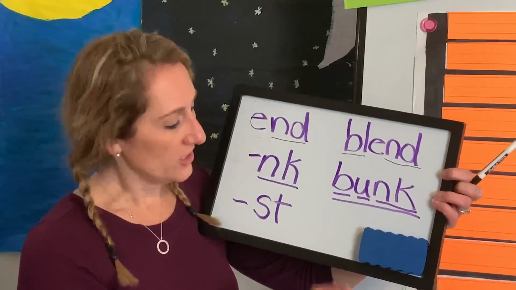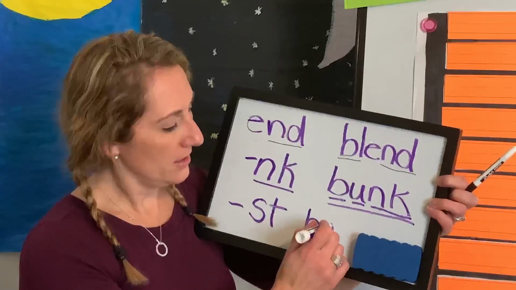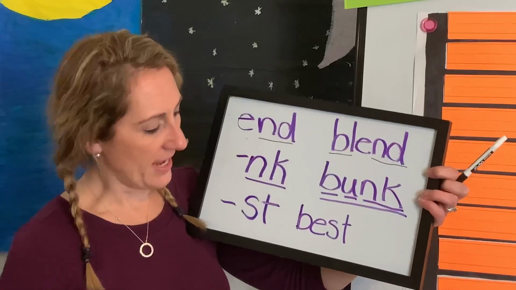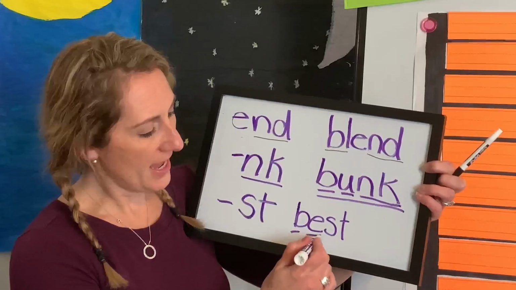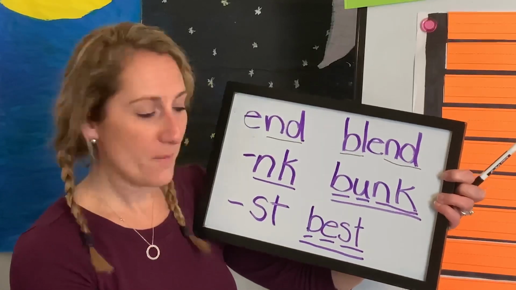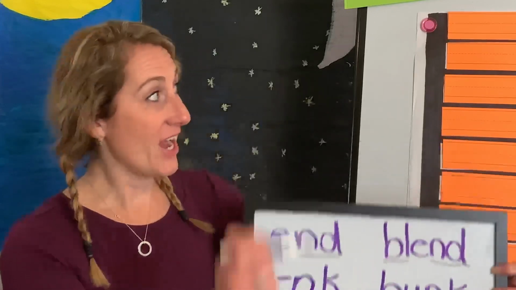So we're going to do our, what's that word say? Best. Best. We're going to do our best as we work on a word ladder together today, and we get to do some practicing with some of our ending blends.